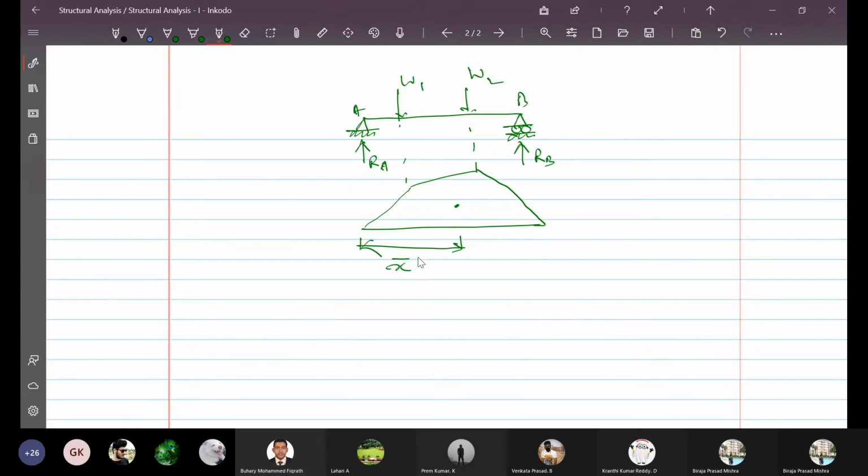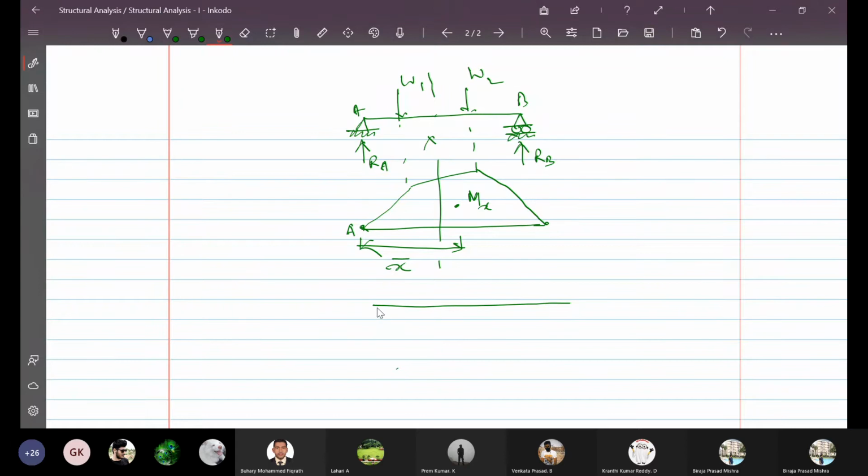This is at X bar distance from the support A, and this is m subscript x, at a section x.